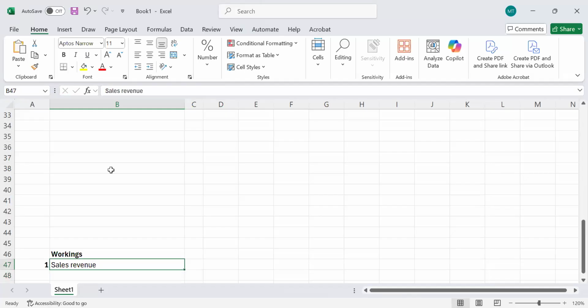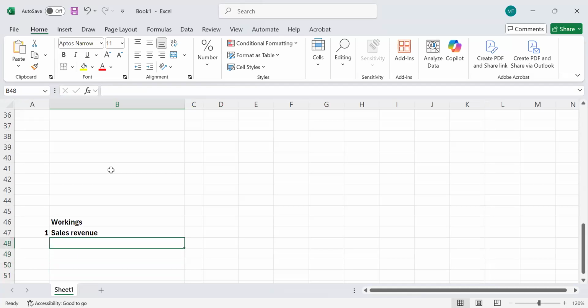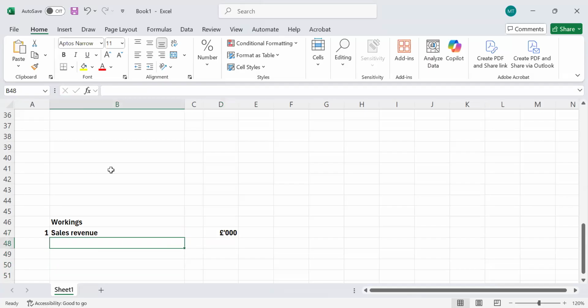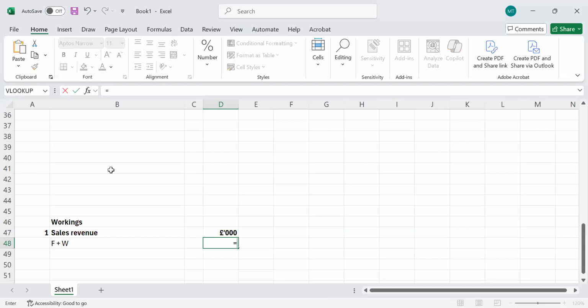So what do we do? Well, first of all, we will just simply put everything in thousands here. Make sure that you do that. So we will accumulate both parent and subsidiaries. So Forest, I'm just going to abbreviate here, Forest plus Wood sales revenue to start with, add them together.